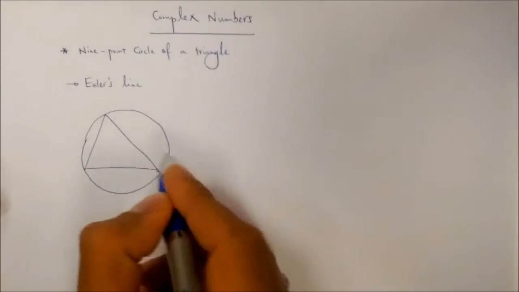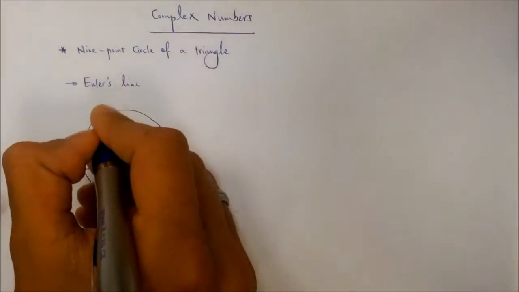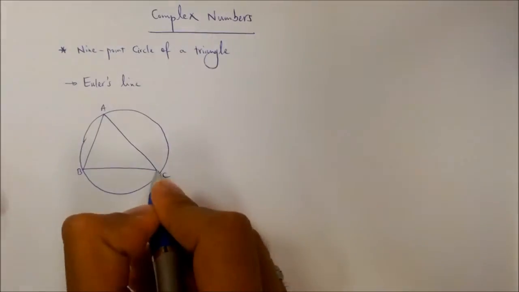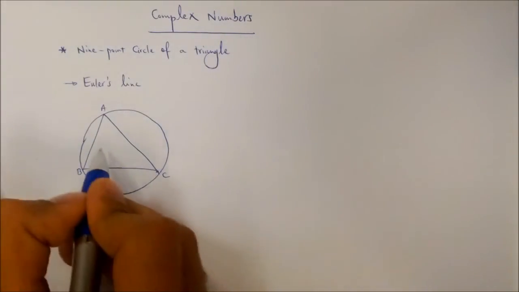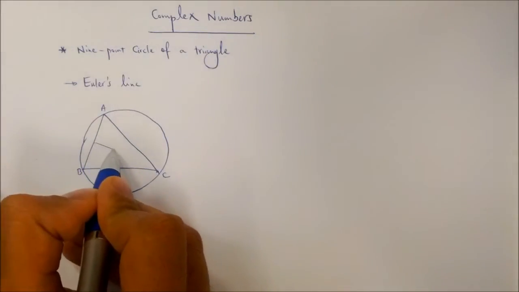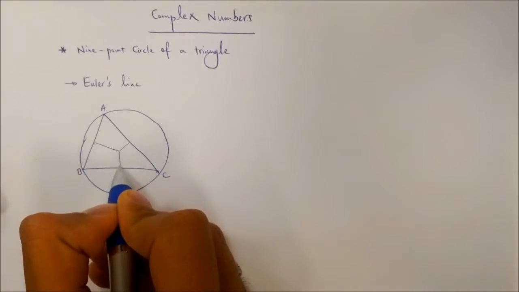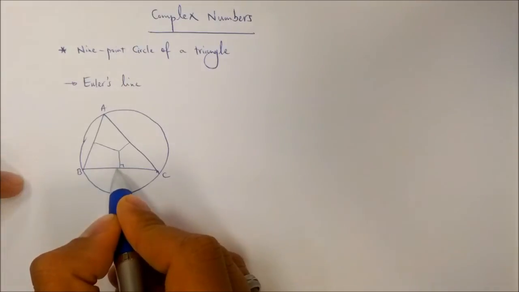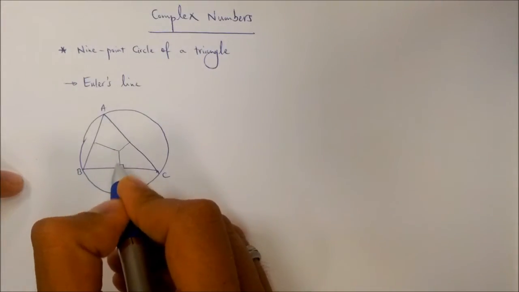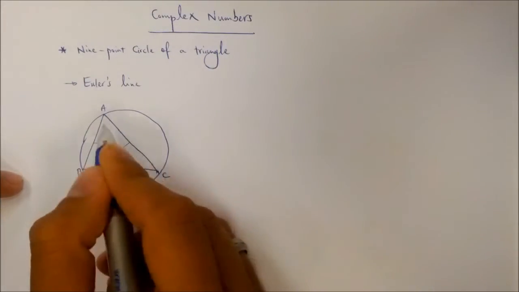and its circumscribed circle, the arbitrary triangle ABC, the center of the circumscribed circle is the point of concurrency of the perpendicular bisectors of each side of the triangle.